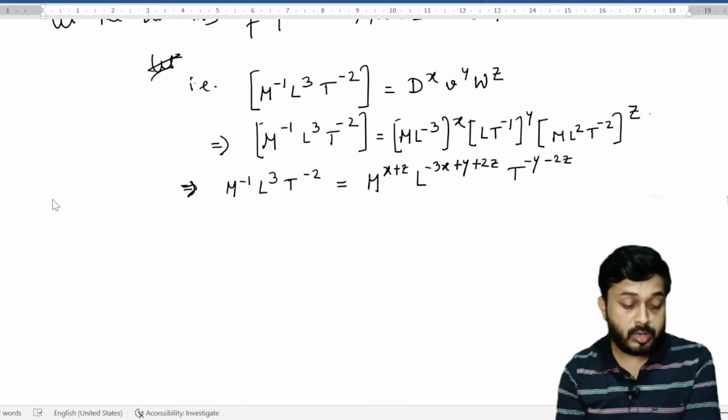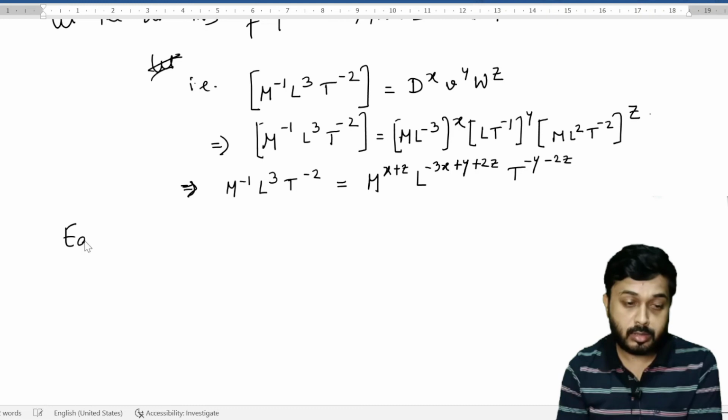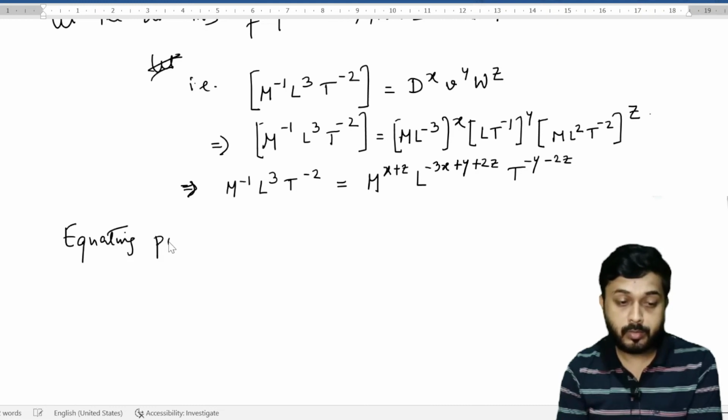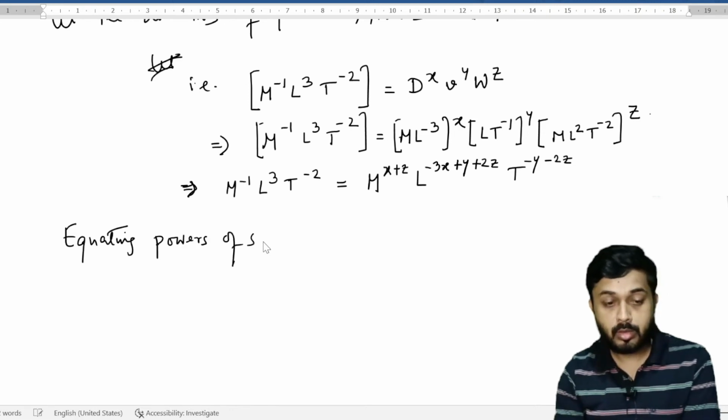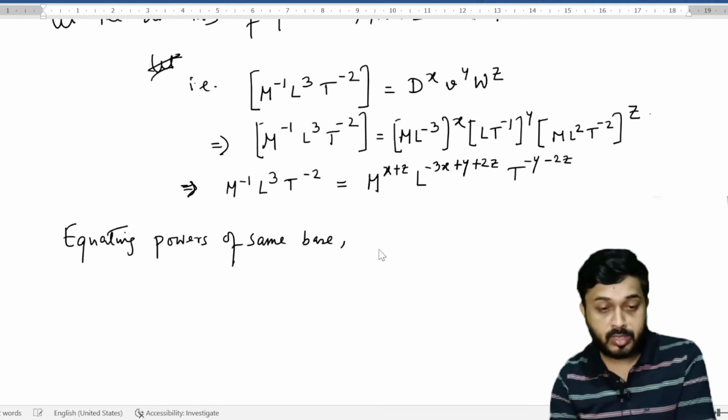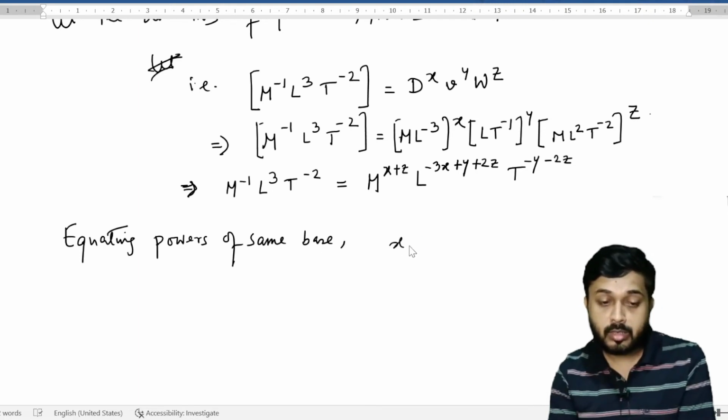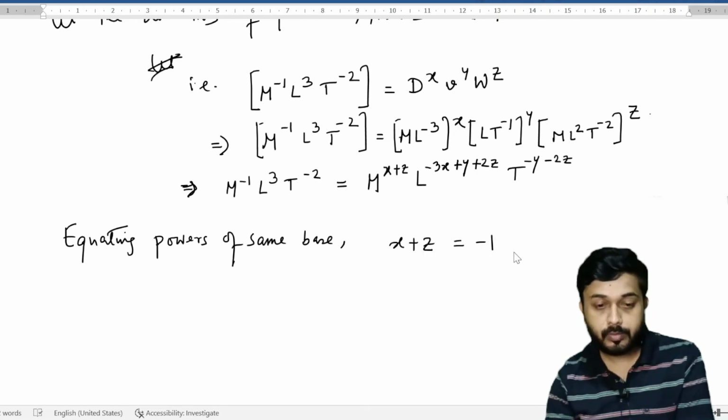So now equating the powers of the same base, all you can write is x plus z equal to minus 1.